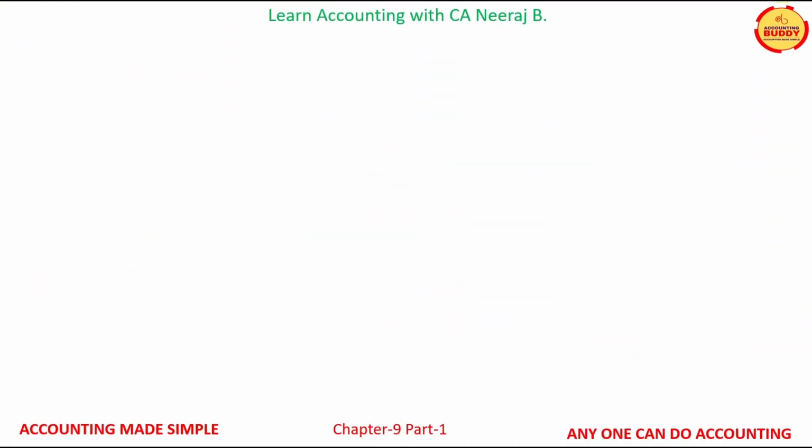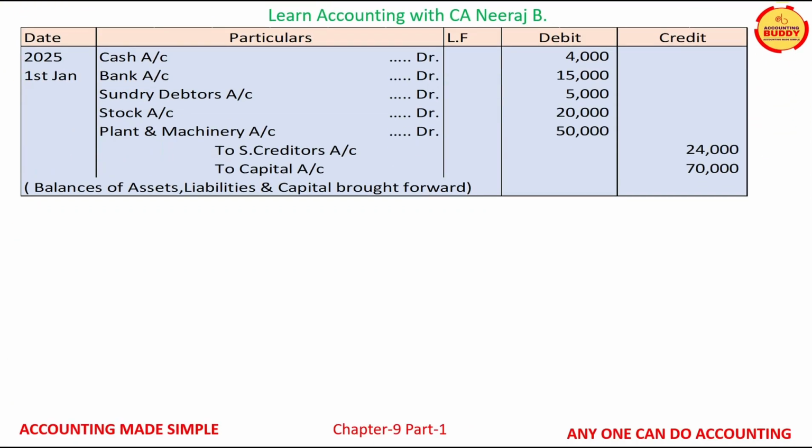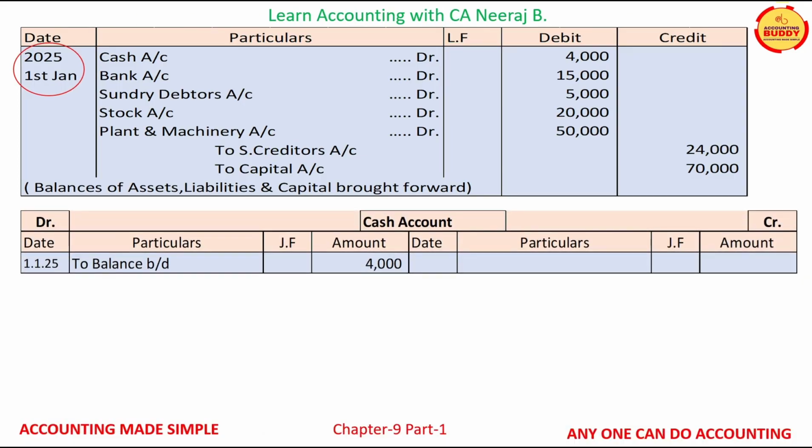In continuation to the previous slide, let us now understand how the opening entry as on 1st of January 25 as displayed on your screen will be posted to the respective ledger accounts. First is cash account. In the cash account, entry will be posted on 1st of January for $4,000 on the debit side by writing the words to balance brought down.